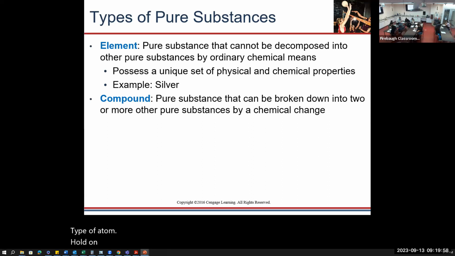Definition of a molecule is going to be two or more atoms bonded together. Definition of a compound is going to be two or more different atoms bonded together.